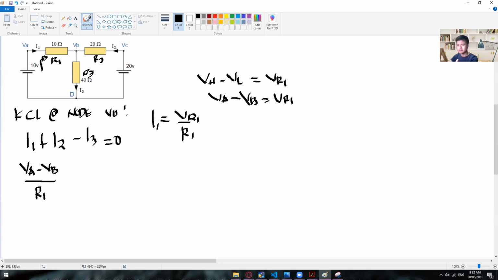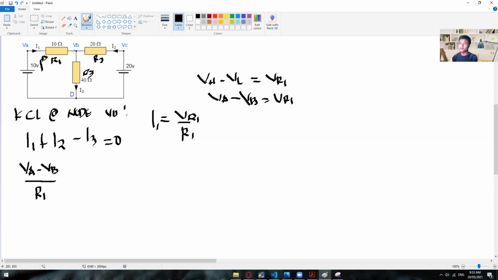Now again, how did we know that the higher voltage is VA and not VB? If you take a look at this one, assuming that we have 10 volts in here, we already know that VA has 10 volts, and as soon as it passes through this resistor right here, of course it will give us a voltage drop with a value we don't know yet.